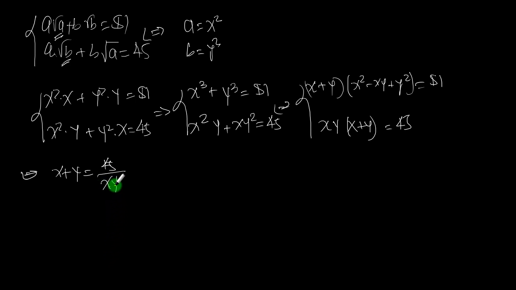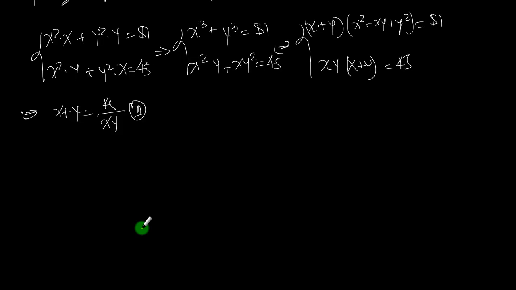Given this, what I'm going to do now is take this from the second equation and put it in our first equation. So we're going to replace this here. We're going to have x plus y times x squared minus xy plus y squared, and this equals 81.